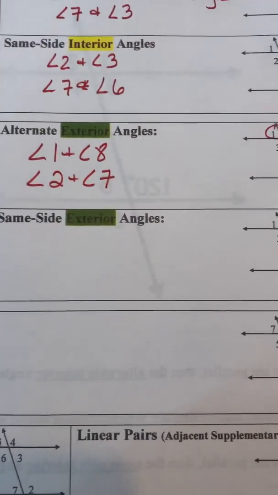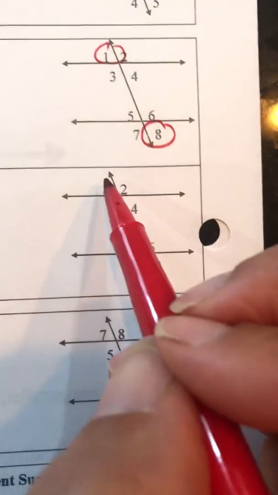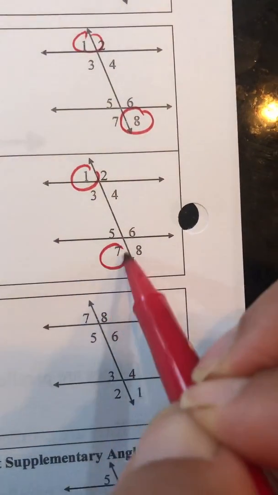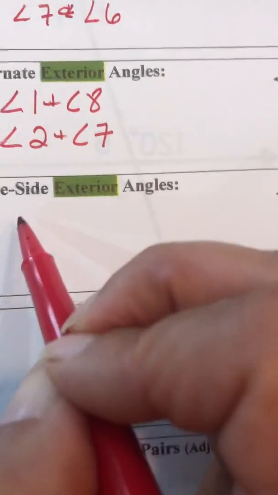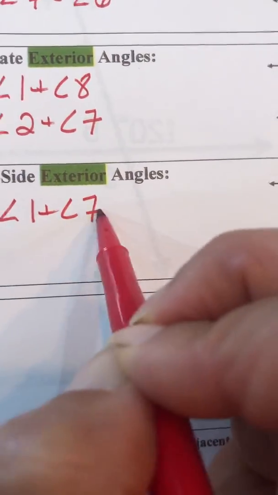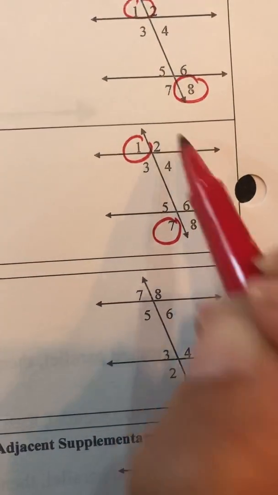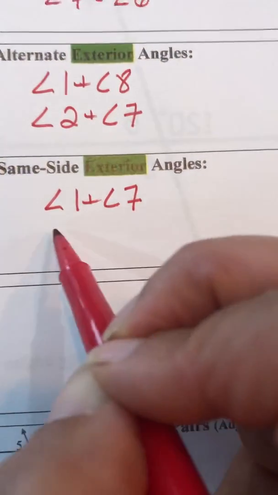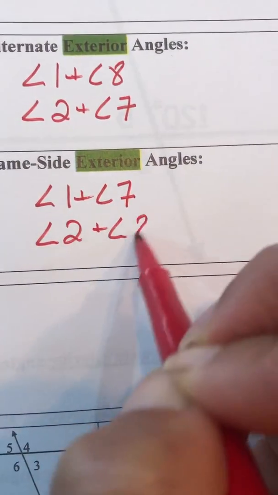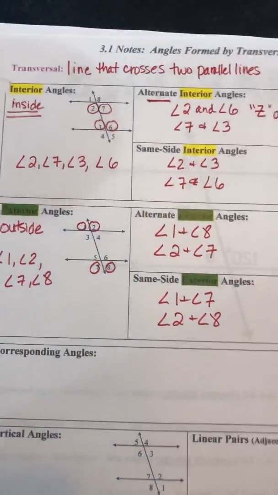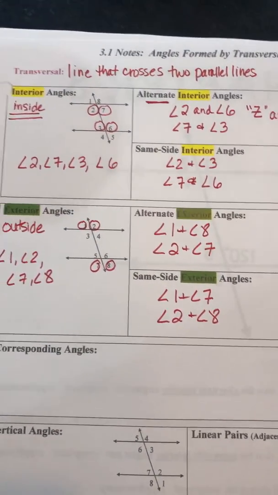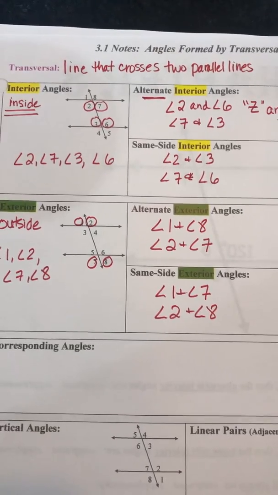Same side exterior are on the same side of the transversal on the outside of the parallel lines. So this is going to be angle 1 and angle 7, and then here angle 2 and angle 8. So we're starting to see some patterns. If we just go back and review for a second, interior angles are on the inside, meaning between the parallel lines.